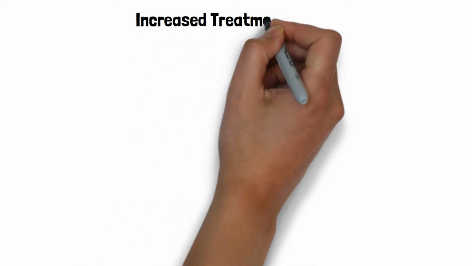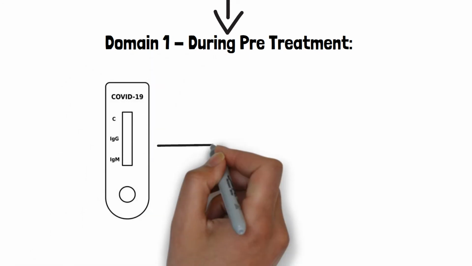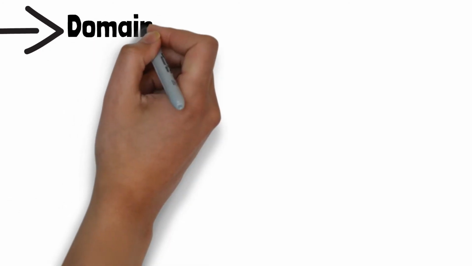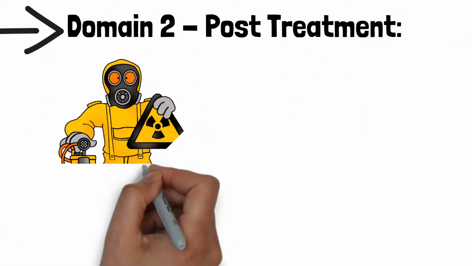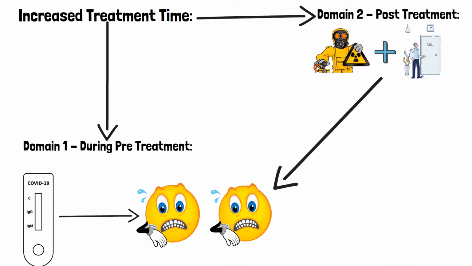Lastly, treatment durations have become elongated in the following domains. The first domain is during pre-treatment, where time is consumed awaiting the results of antigen tests. The second is post-treatment, where enhanced cleaning procedures and necessary fallow times collectively result in delays. The extended operative times ultimately culminate into reduced financial income for the practice.